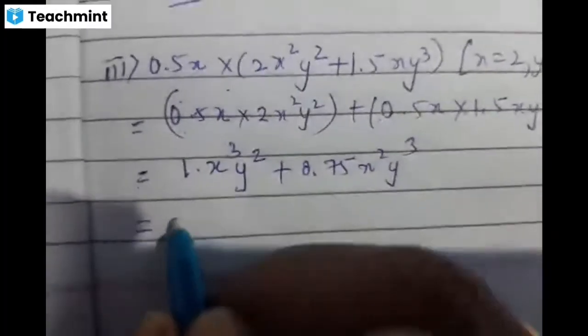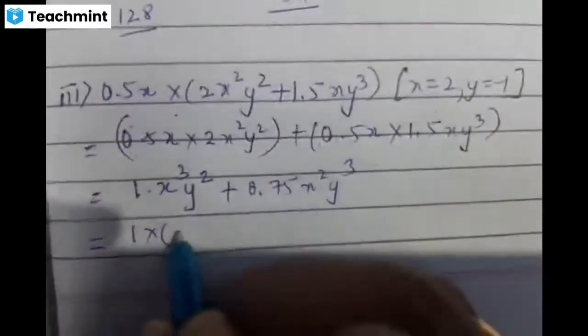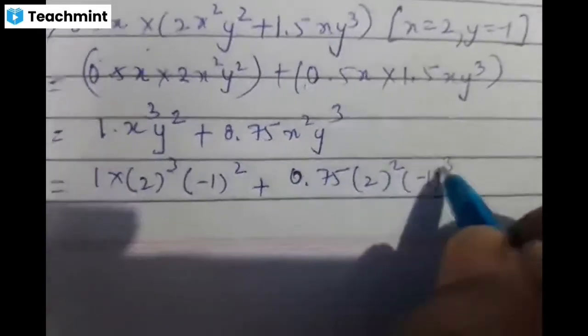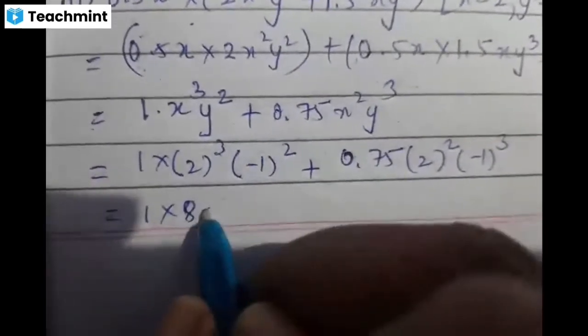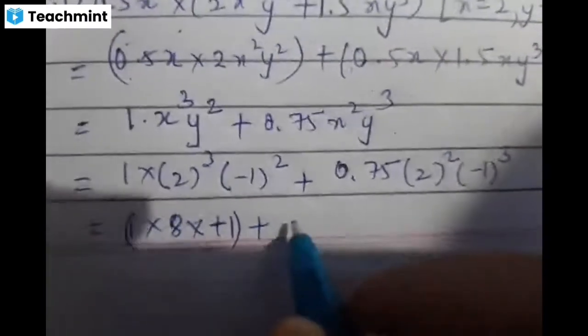Now evaluate only for RHS. 1 into the value of x is how much, children? 2. 2 cube, y is minus 1 whole square, plus 0.75, x is again 2 square, y is minus 1 to the power of 3. First remove the powers, children. 2 cube is 8 into plus 1, plus 0.75 as it is.